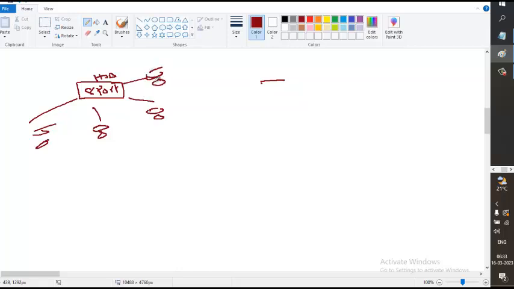Hub never learned MAC address. Hub has got one collision domain only for the whole device and one broadcast domain. Only one. And now we understand what is broadcast domain, meaning they're all in one group. All these devices that are connected are in one group.